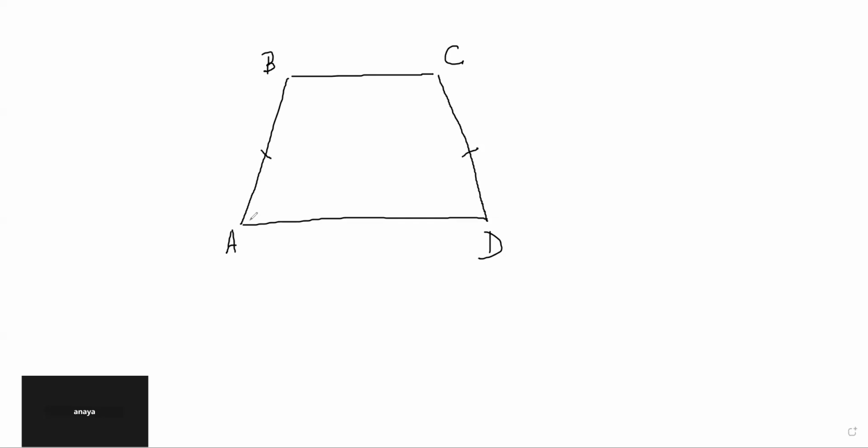Okay, so somewhere here, let's say, P. PA is 1, PB, PC, and PD. The distances of P from everyone is given. 1, 2, 3, 4 are the distances.